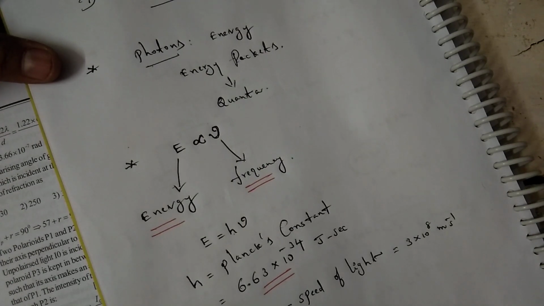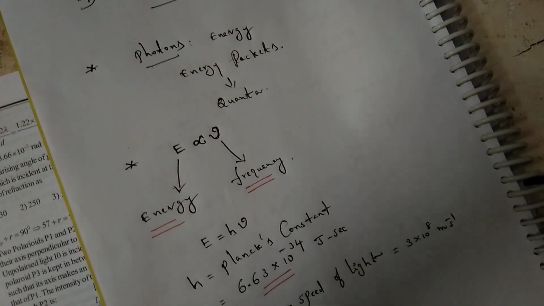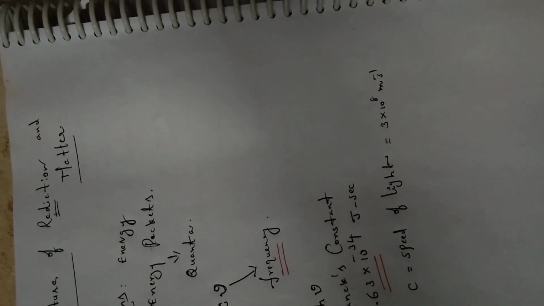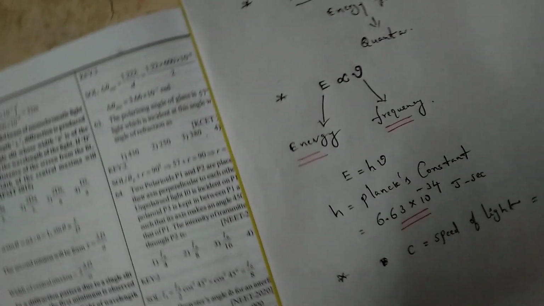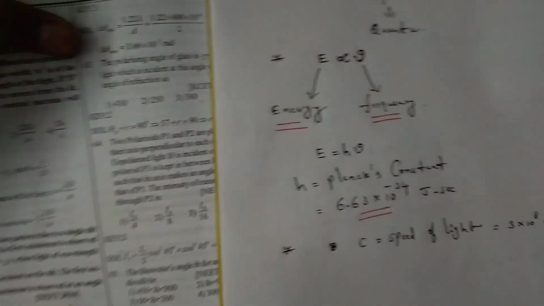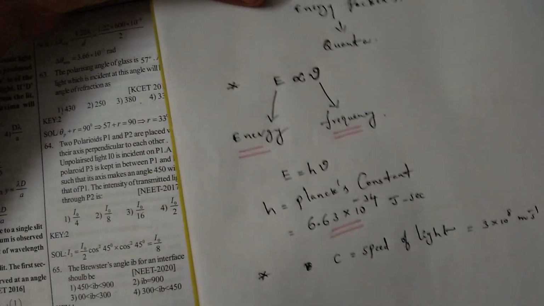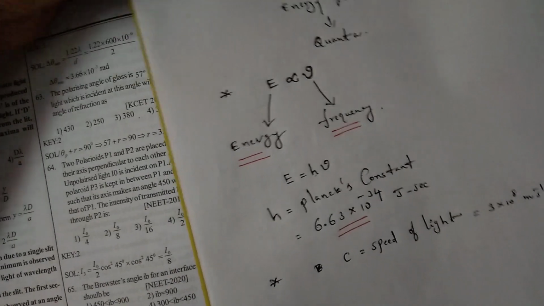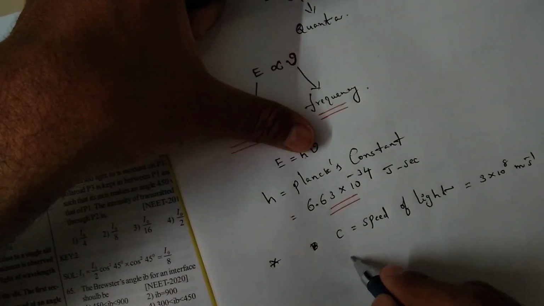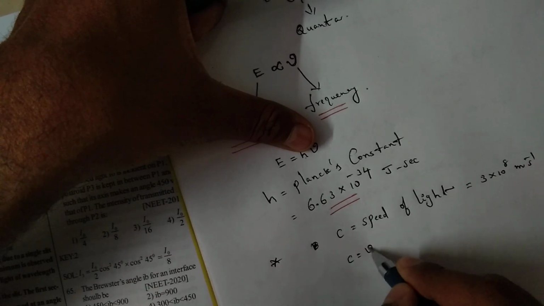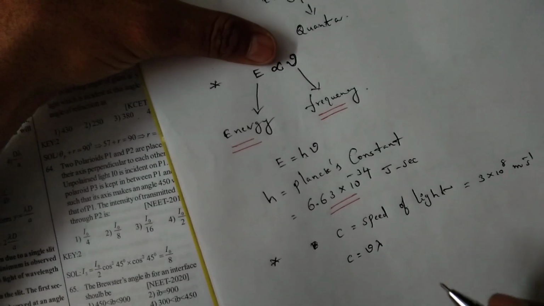Okay, here the relation between the speed of light in vacuum, c is equal to nu lambda.